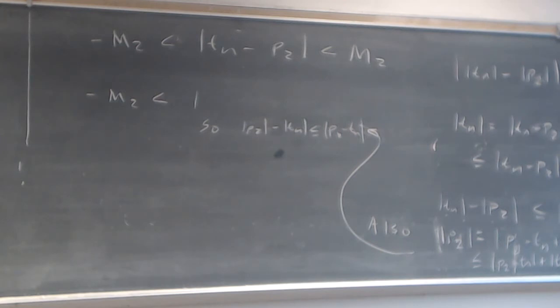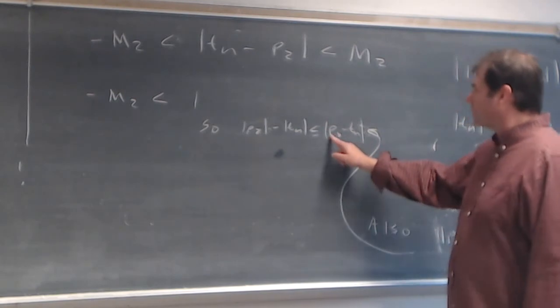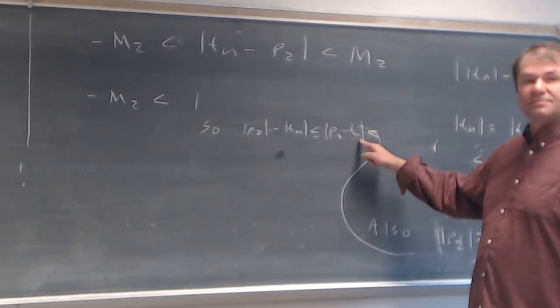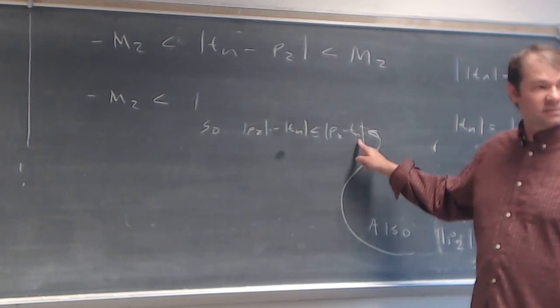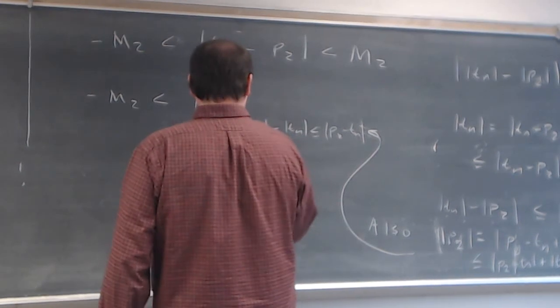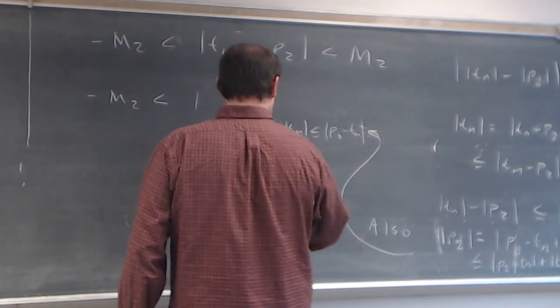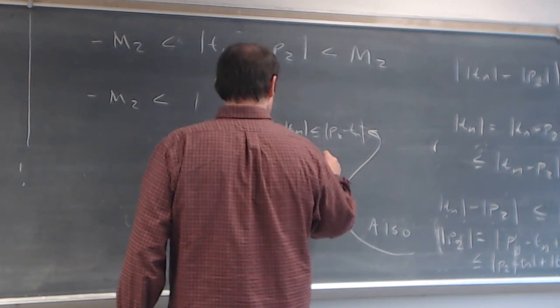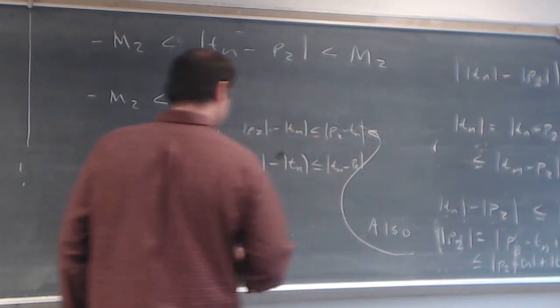I'm just asking you questions about it. You can multiply this out by -1, can't you? Yes, that's right. And here, first of all, this is the distance between P sub 2 and T sub n. Isn't that the same thing as the distance between T sub n and P sub 2? Okay, so here I can say, that's right, that's what I was looking for. So the absolute value of P sub 2 minus T sub n is going to be less than or equal to the absolute value of T sub n minus P sub 2.